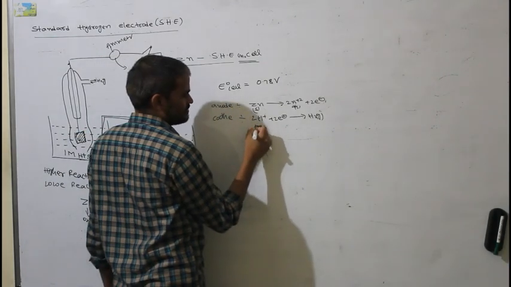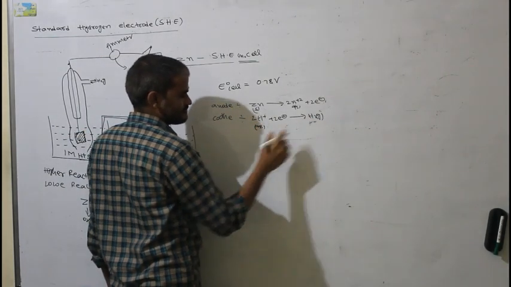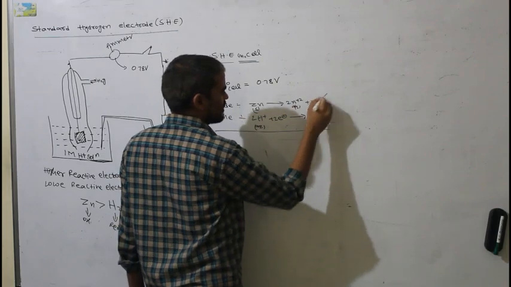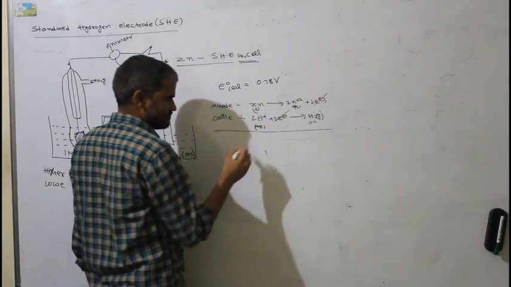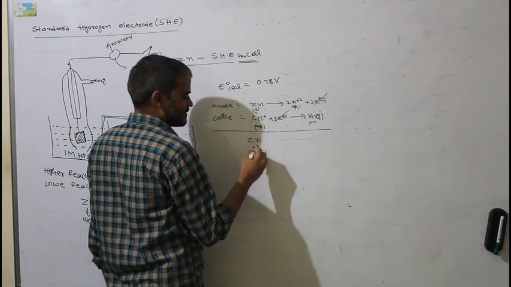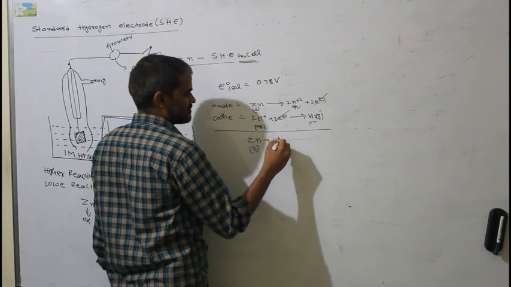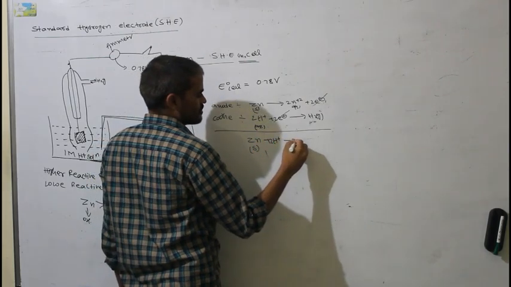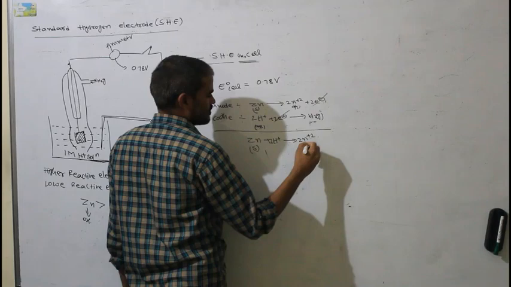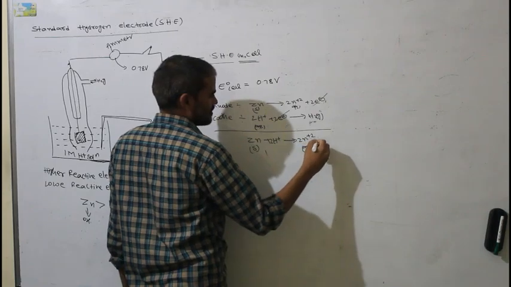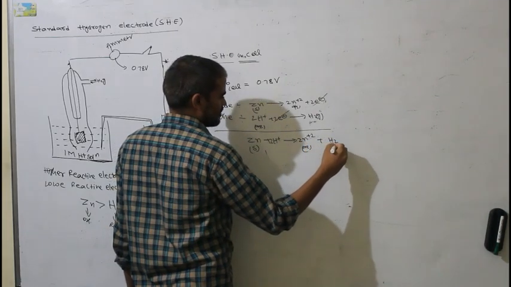Aqueous becomes gas. When you add both reactions, the 2 electrons cancel: Zn(s) plus 2H+ gives Zn2+(aq) plus H2(g).